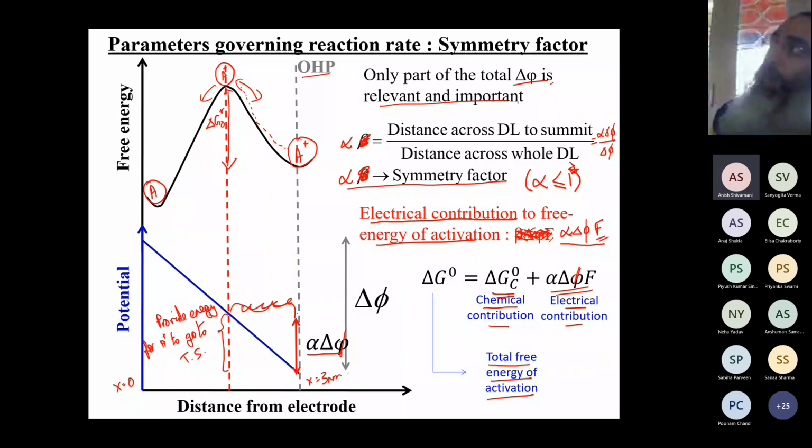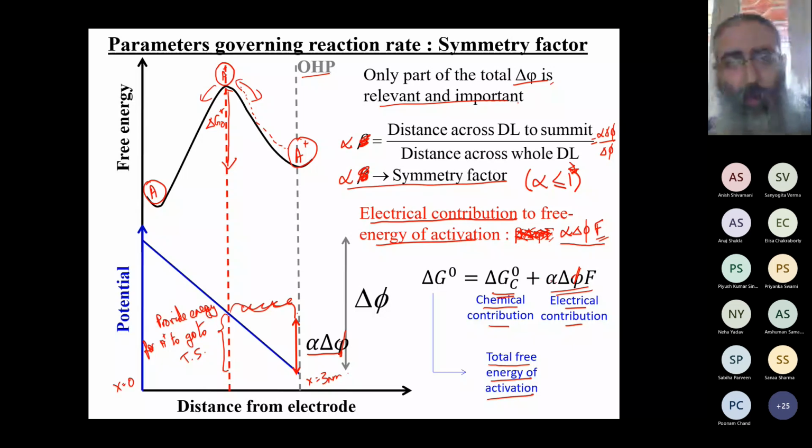Yes. Okay, so then let us now go back. Now that we have managed to write it in terms of numerical parameters, we have still not got into what alpha, the symmetry factor, and all those things are. Let us hold it there. But nevertheless, we have managed to write the total free energy of activation as a chemical contribution and an electrical contribution.